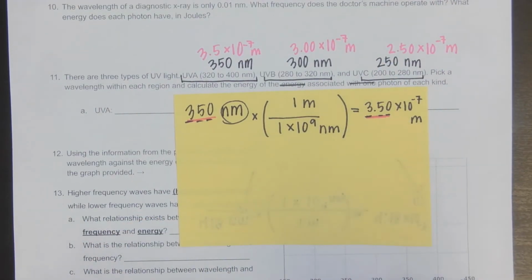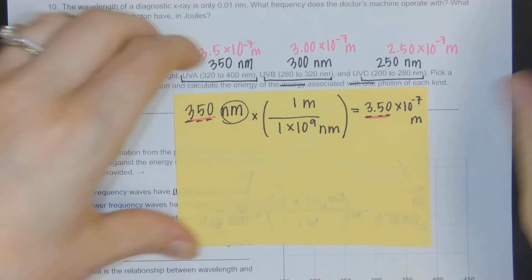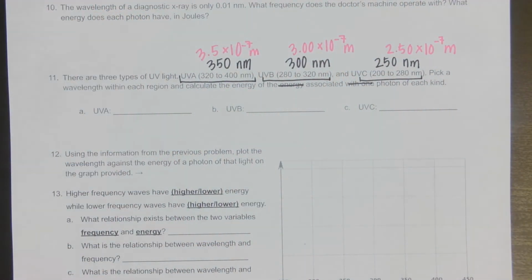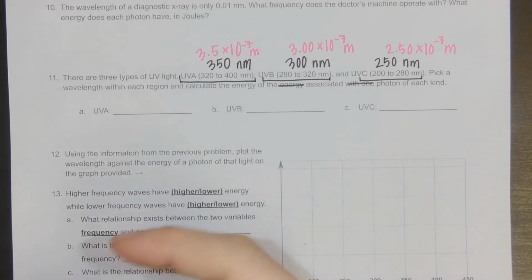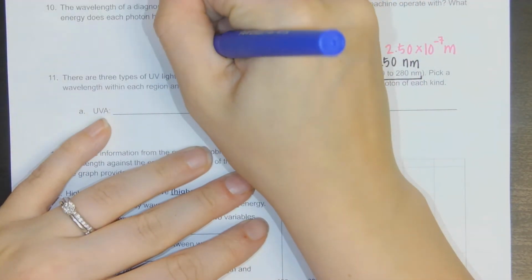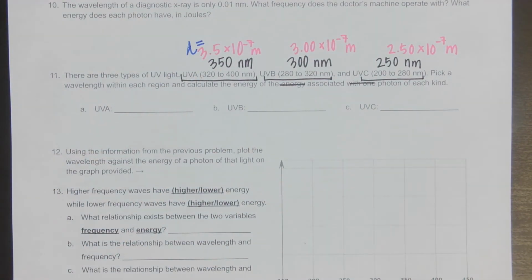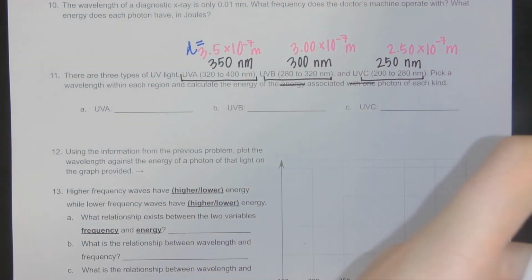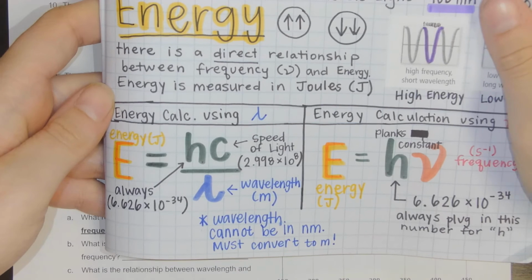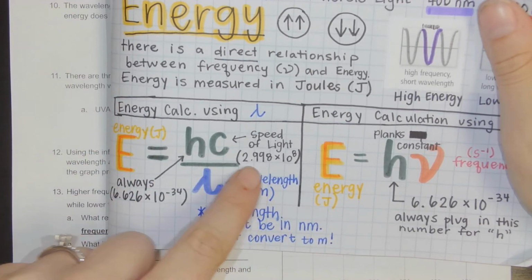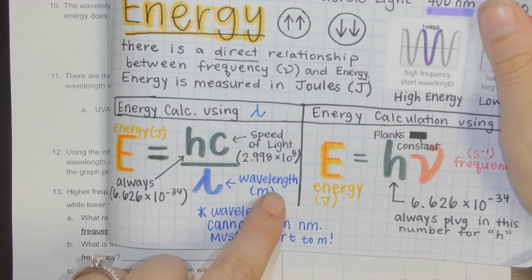So these are all of our wavelengths that we're using. This is the wavelength for the first one, and the formula that we're using is from the notes, copy, paste. Energy equals hc over wavelength in meters.